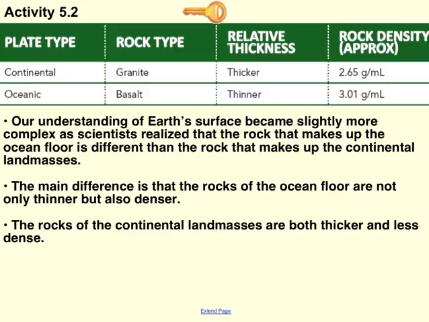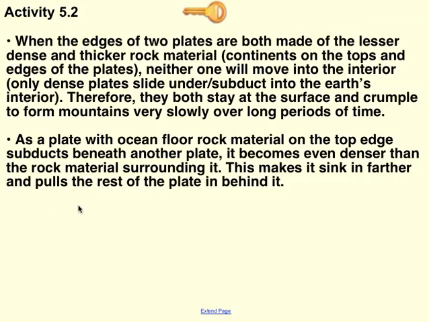So what does all this mean? Well, when the edges of two plates are both made of lesser dense and thicker rock material, in other words continents, they tend to stay on top at the edges of the plates. Let me go through that again. When the edges of two plates both have the lesser dense and thicker rock materials, neither one will move into the interior.